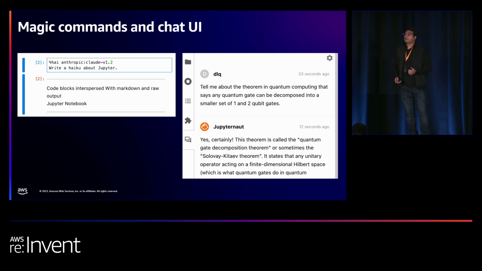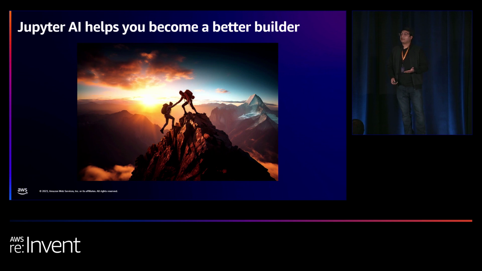You can use the learn and ask command to learn your local documents, and then you can ask questions related to them. And then finally, we looked at the generate command, where you can just give a single prompt and can create a complete notebook. And so with those capabilities, we feel that Jupyter AI is really here not to replace the work that you do, but to help you in your day-to-day workflows and help you become a better builder.